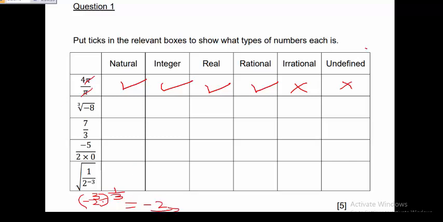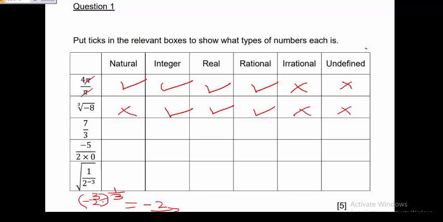So you remain with -2. Therefore, -2 is not a natural number. It's however an integer, a real number, and a rational number. It's not irrational, and it's not undefined. So you are done with that part.